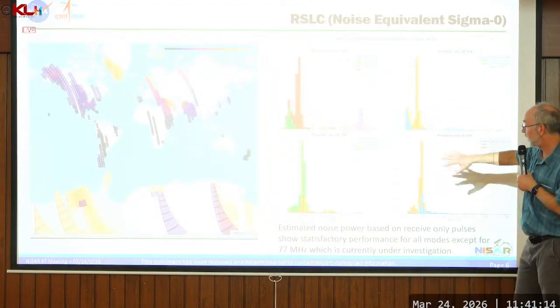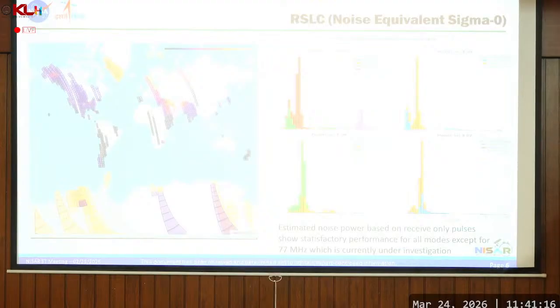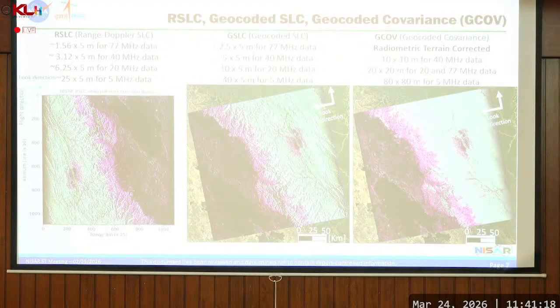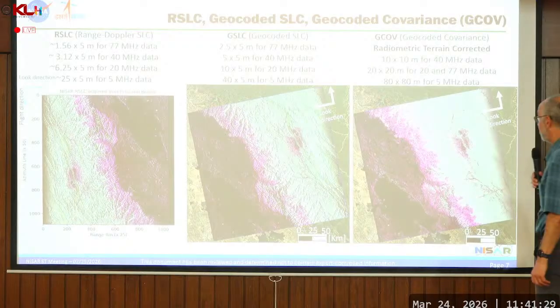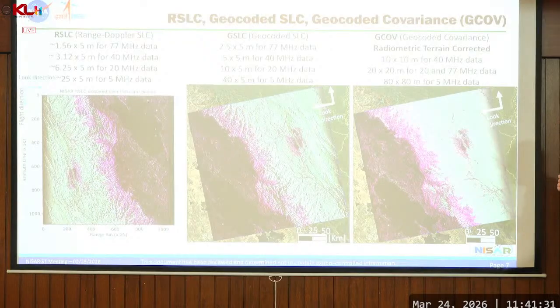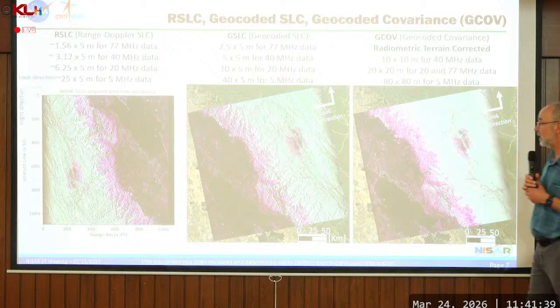I don't know that these are worth discussing. Okay, remember I mentioned earlier that the G-code product, the geocoded covariance product, I think will be the workhorse of your analysis. That's because I think in many ways it gives you the best natural estimate of what the actual backscattering surface is.